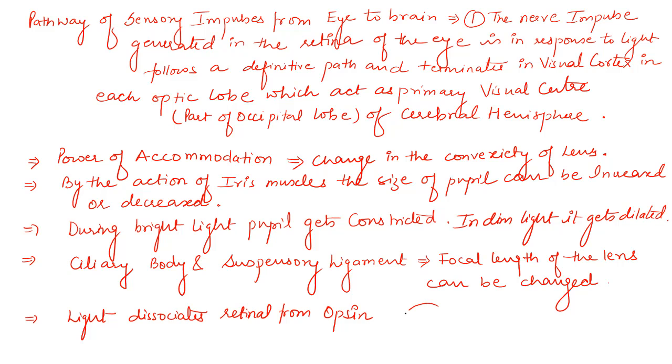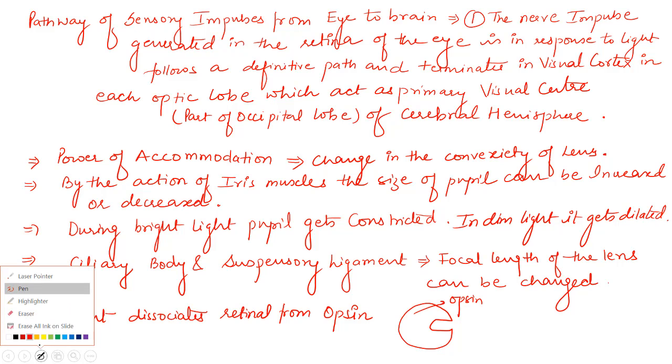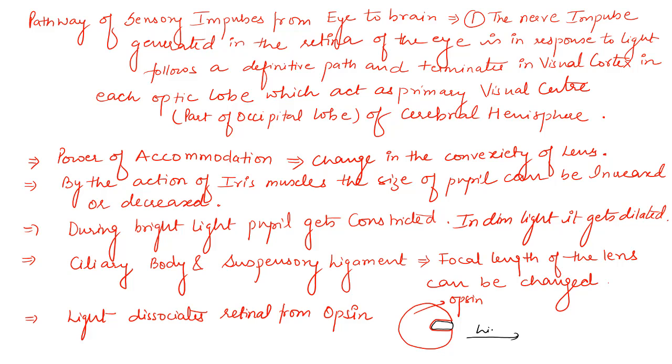Suppose this is the opsin protein and this is retinal. The moment light falls, this part comes out; it gets dissociated.